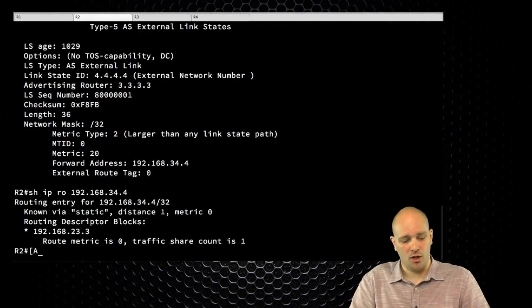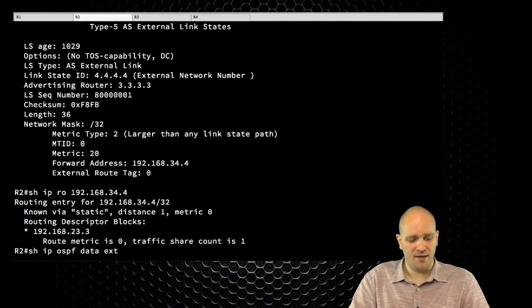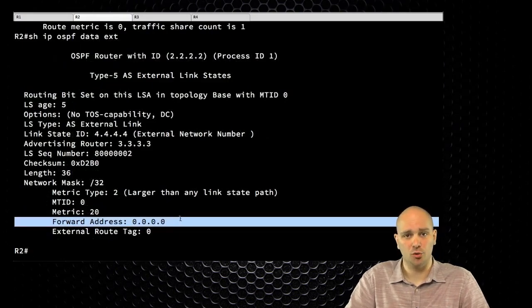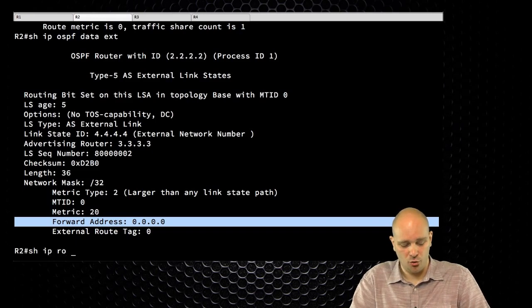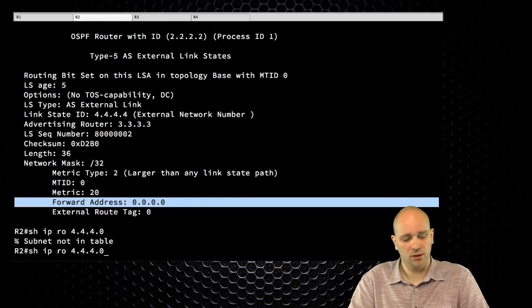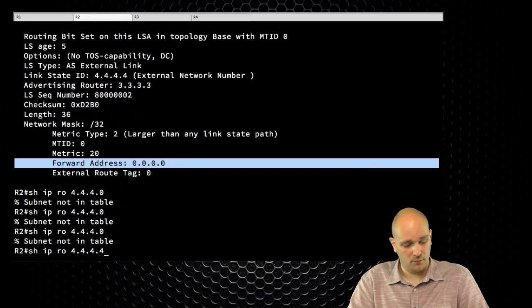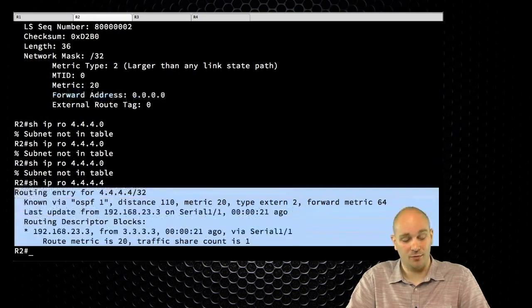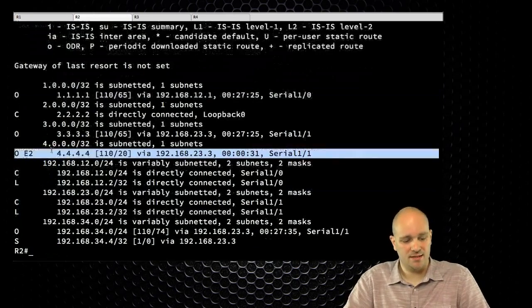Now, if I go back to R2, and if I take a look at the database, now I will see that the forward address is not present in the LSA, which means that on R2, 4.4.4.4/32, sorry, I thought it was a /24 route, is now in the routing table. If I do show IP route, I can see it here.